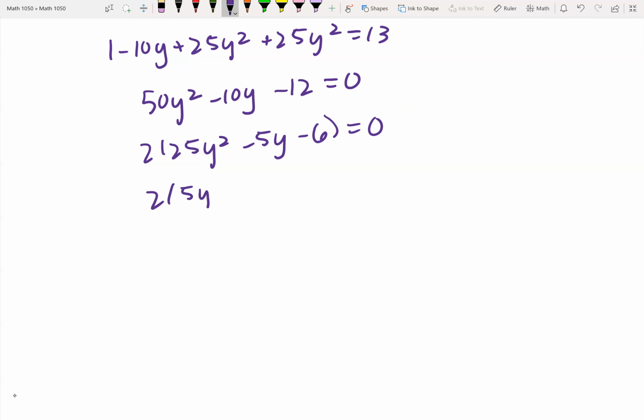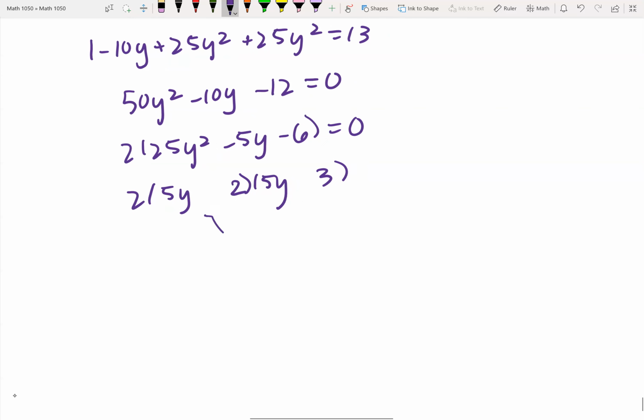Then I'm going to sit and try to factor this, so it's 5y and 5y. My guess is it would be 3 and 2, 15 and 10, and it is 3 and 2. So it looks like that. Biggest is the negative, so the negative goes there. Set that equal to 0, I get negative 2/5. Set that equal to 0, I get a positive 3/5.